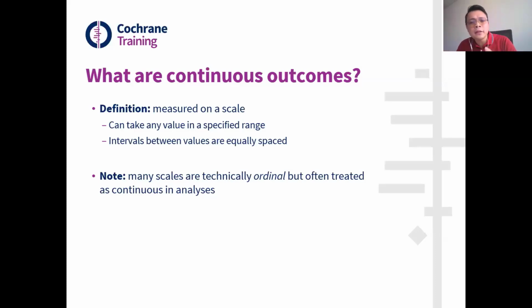And the outcomes that we collect from this type of scales, technically, are not truly continuous, more ordinal, but in our analysis, we often treat them as if they are continuous. I leave it at that for now. It's just a note. I believe that there'll be a separate session covering this type of outcomes.